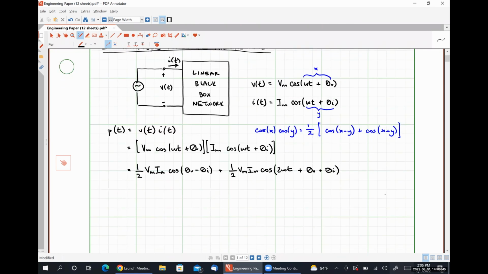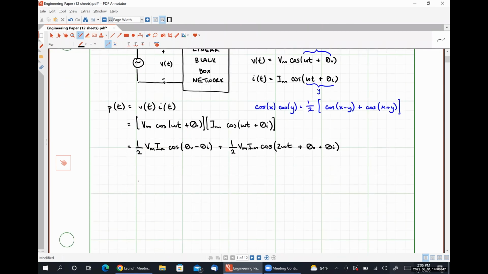So let's put P of t here, measured in watts. And then this axis is going to be our time, measured in seconds.